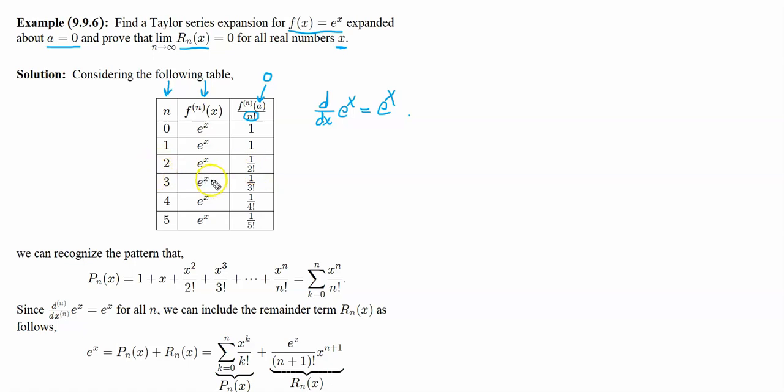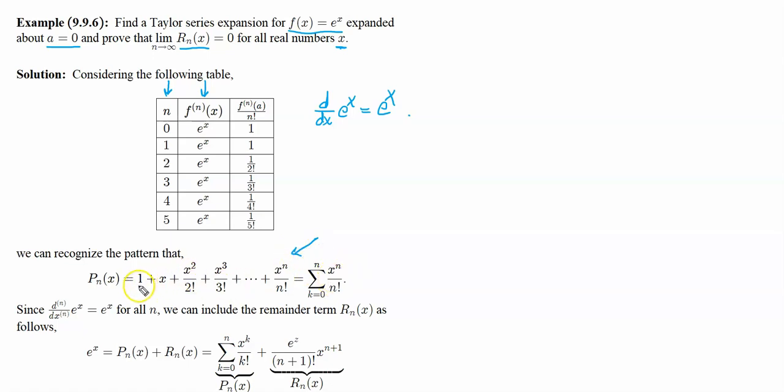Put 0 in here, we get 1 divided by 3 factorial. Once again, that 3 factorial is the n factorial that we're referring to right here. And now you can see a pattern. So it's going to go 1 over 2 factorial, 1 over 3 factorial, 1 over 4 factorial, 1 over 5 factorial, and so on.